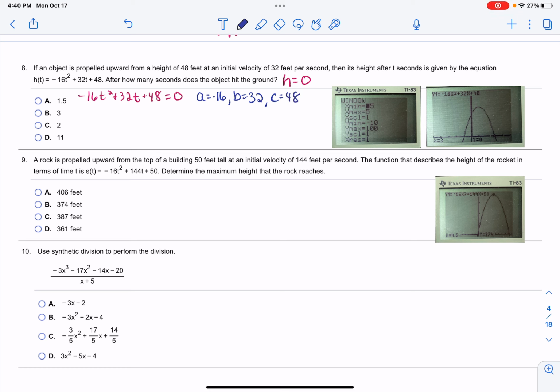Using the quadratic formula to solve this, we know that the two values of t that would make this equation 0 will be in the form of negative b plus or minus the square root of b squared minus 4ac all over 2a.